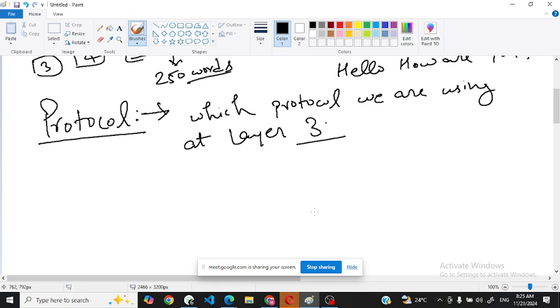In the version field, we know which version we use, IPv4 or IPv6.